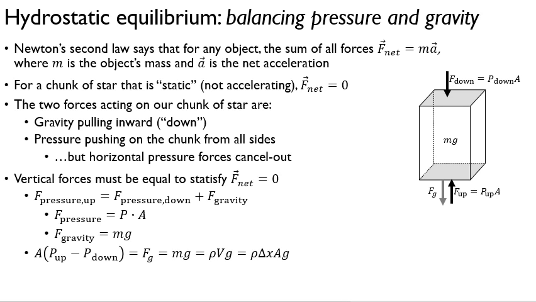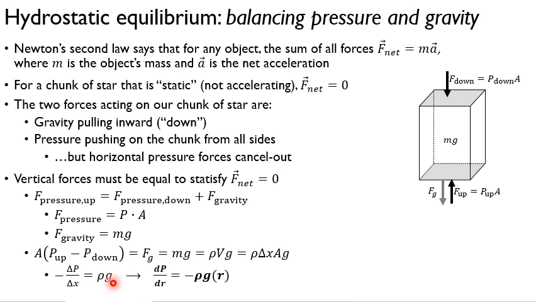So we can plug these little sub-equations into our main equation here. We can do a little bit of algebra, and what we find is that the change in pressure over the height of the fluid element, so the difference in pressure between the bottom and the top of the fluid element, divided by the height of our chunk of star, is equal to the density of this chunk of star times little g, the local gravitational acceleration.